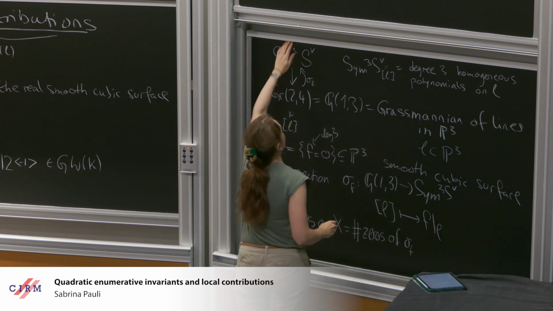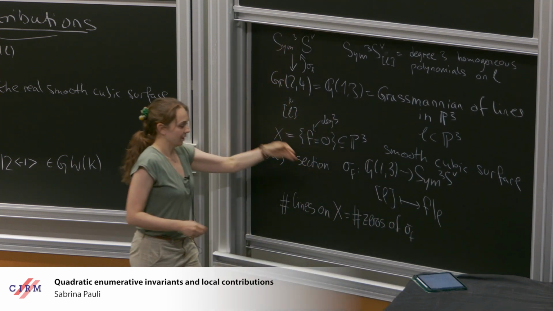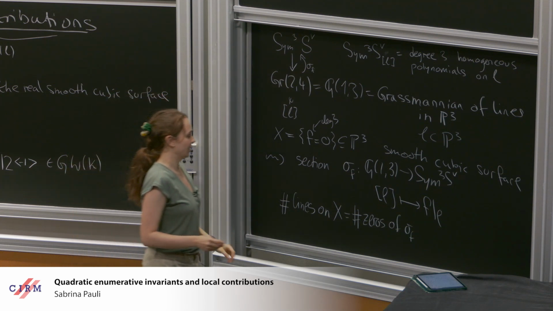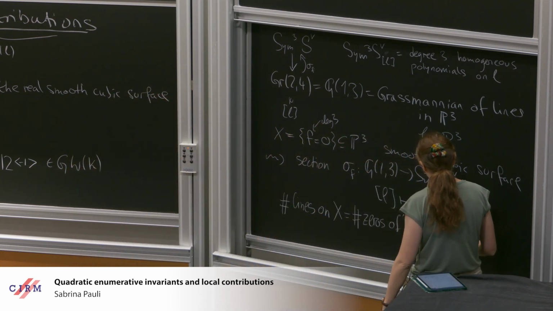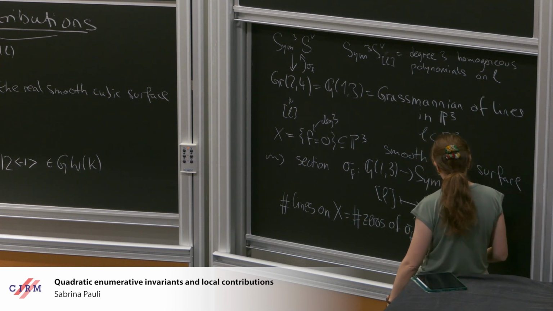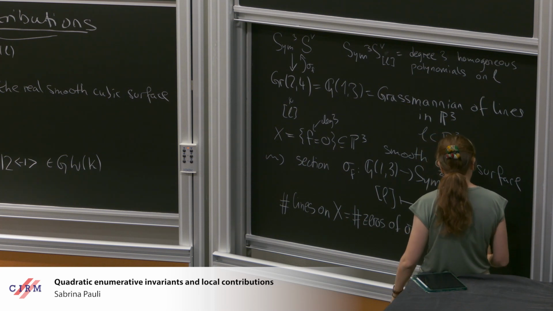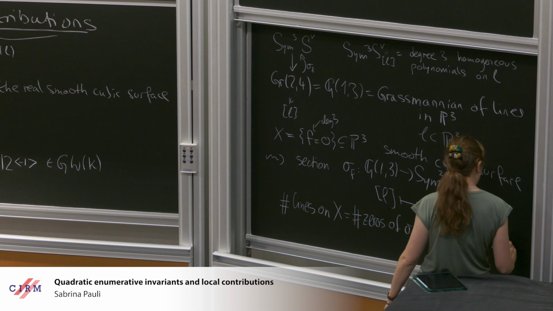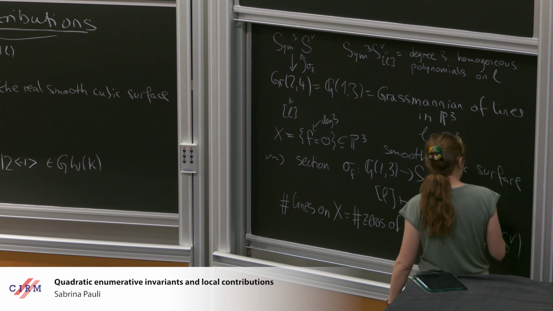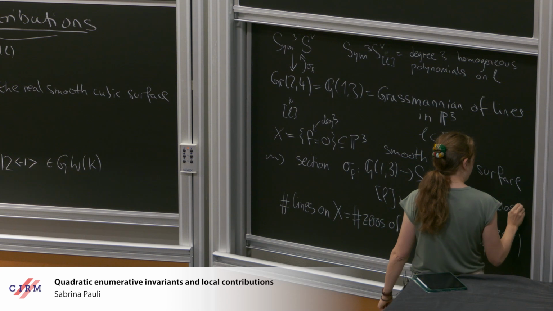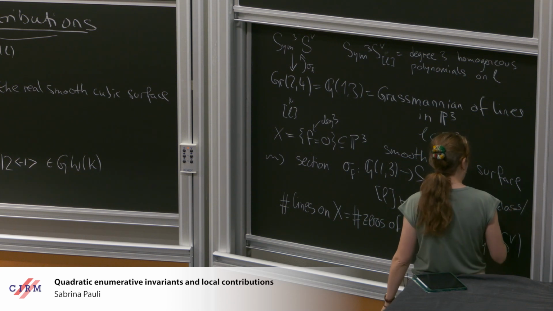And how can one count the zeros of the section? This can be computed as computing the degree of the top Chern class, or Marc called it Euler class yesterday, of this vector bundle. So this is the top Chern class, or Euler class.